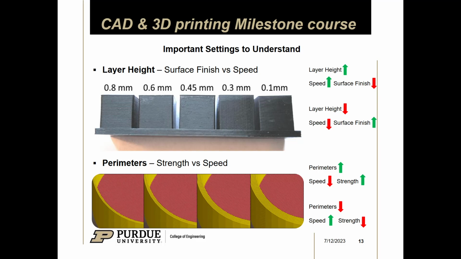One disadvantage of changing your layer height is that the more layers you have, there's technically more points of failure. So if you're creating a more mechanical-based component, you might want to consider a coarser layer. 3D prints are the weakest in the Z direction because the bonding between each layer isn't always as strong as the material itself.